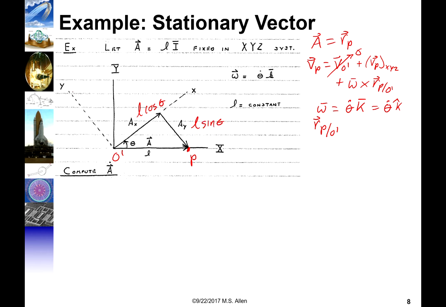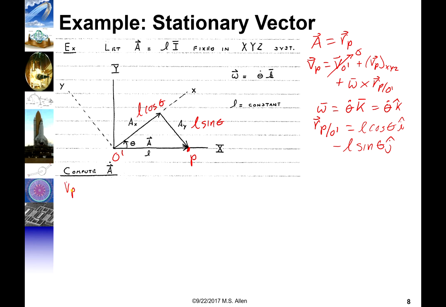And notice this is in the negative y direction. So this would be L cosine theta in the little i minus L sine theta in the little j. Alright, so that takes care of the last term.